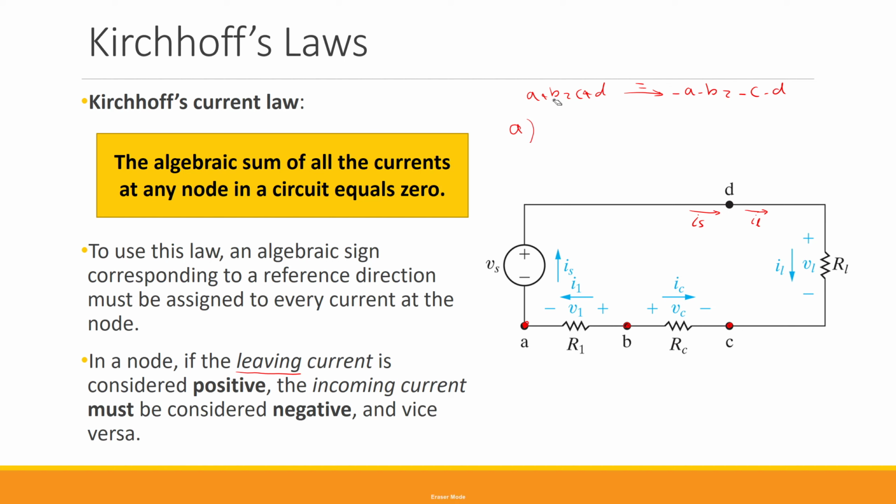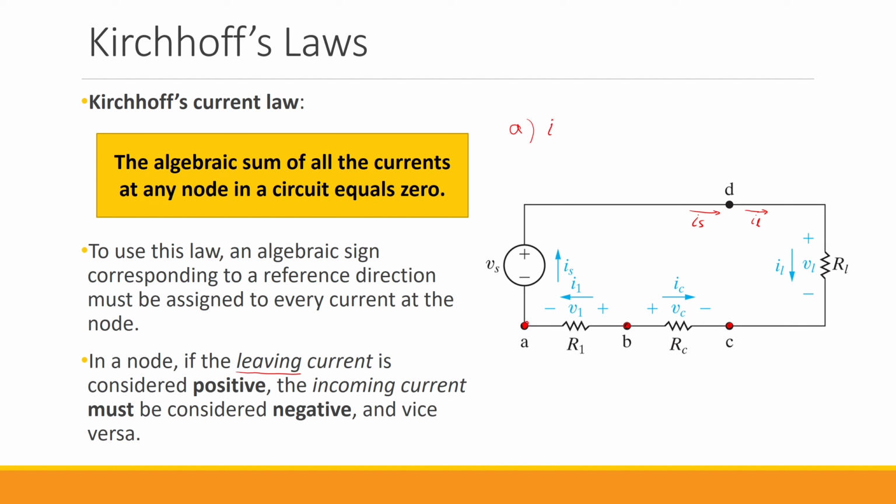For node A, what do we have? We have IS that is leaving node A, in this direction. We said that anytime we have a current that is leaving a node, I consider it with a positive sign.